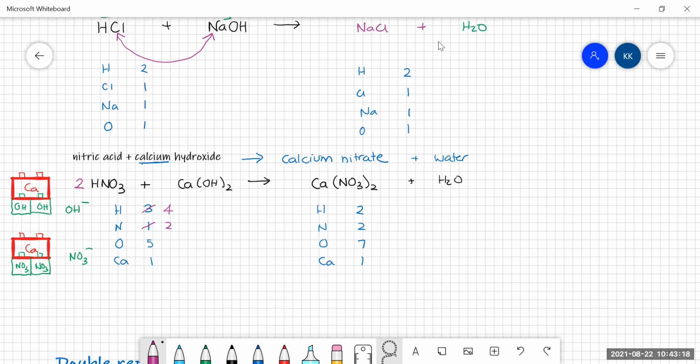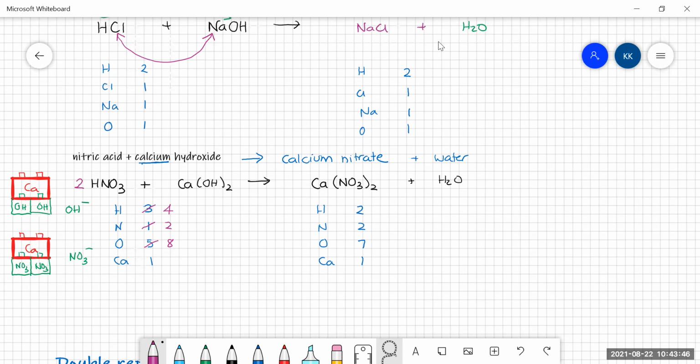Now we have 6 oxygens in the 2 nitric acids, plus another 2 in the calcium hydroxide. So altogether now we have 8 oxygens, and we still have just the 1 calcium. Now we sit back and take another look, and we can see what's out of balance now is oxygen and hydrogen. We always leave oxygen till last, so let's do hydrogen.